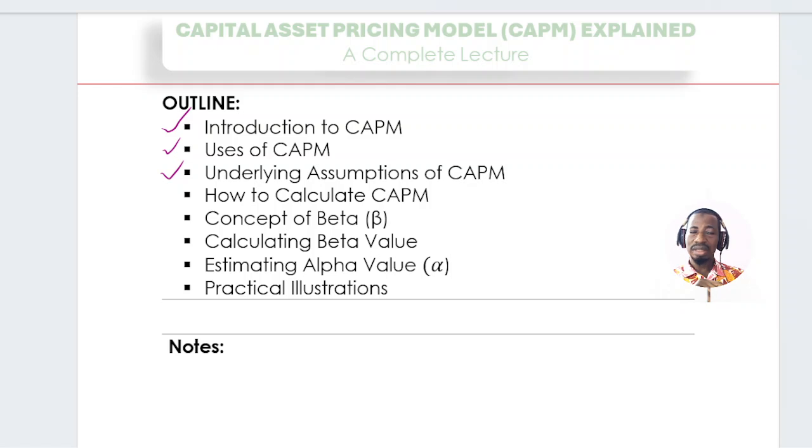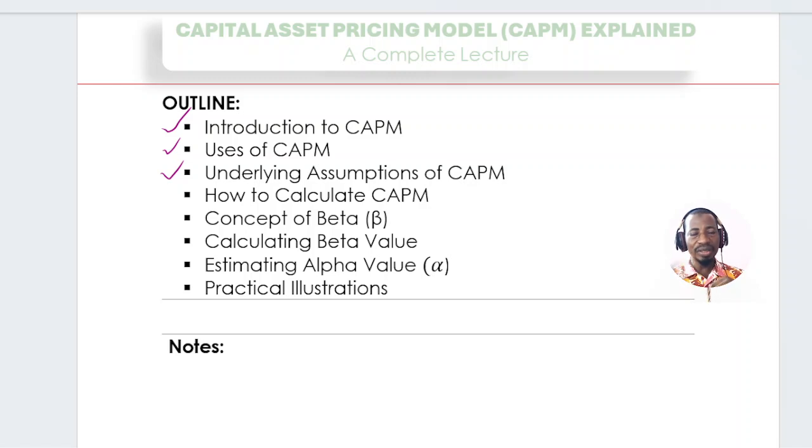Again, this may not be possible in practice. Say you have investment A, investment B, whatever number of investments you have in the portfolio, all of them are divisible, meaning that fractional parts of those investments can be undertaken. You can invest 70% on a particular security, and 30% on another one. It's not compulsory that you have to do 100%.